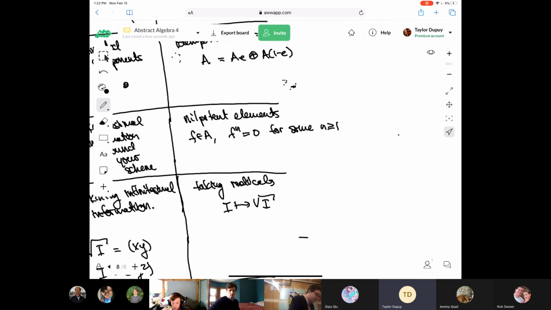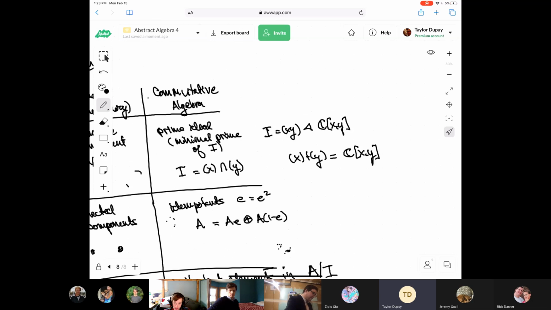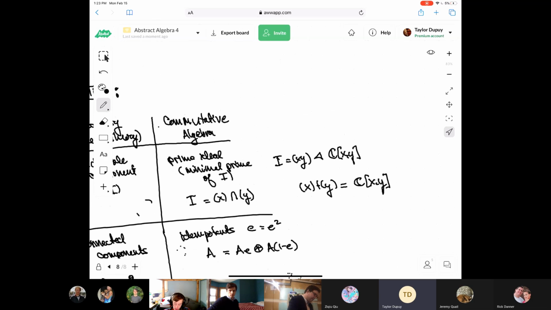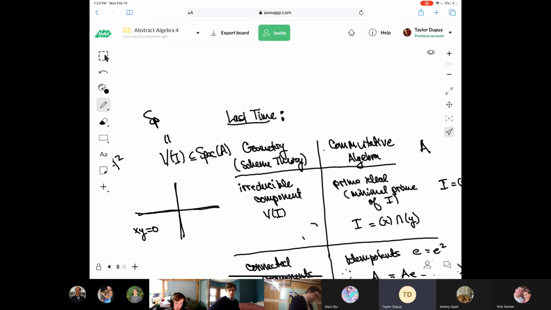These are infinitesimal nilpotent elements in the ring A mod I. On this side we're talking about properties of the ring A and quotients. There's V of I, a subset of spec of A. This thing is the same thing as spec of A mod I.